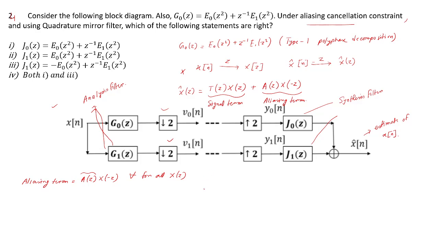So let us see. We have also seen in the lectures that this transfer function T(z) is denoted as this: product of analysis and synthesis filter at the first branch as it is, and so does in the second branch.